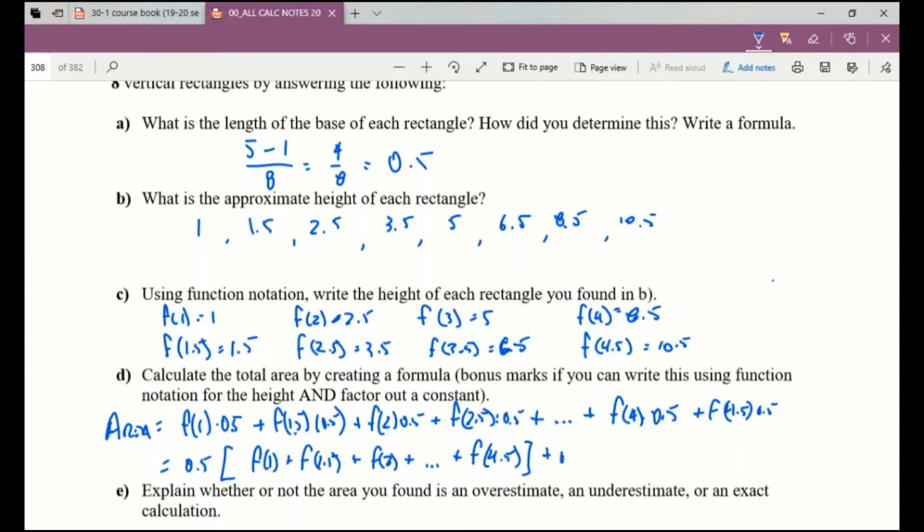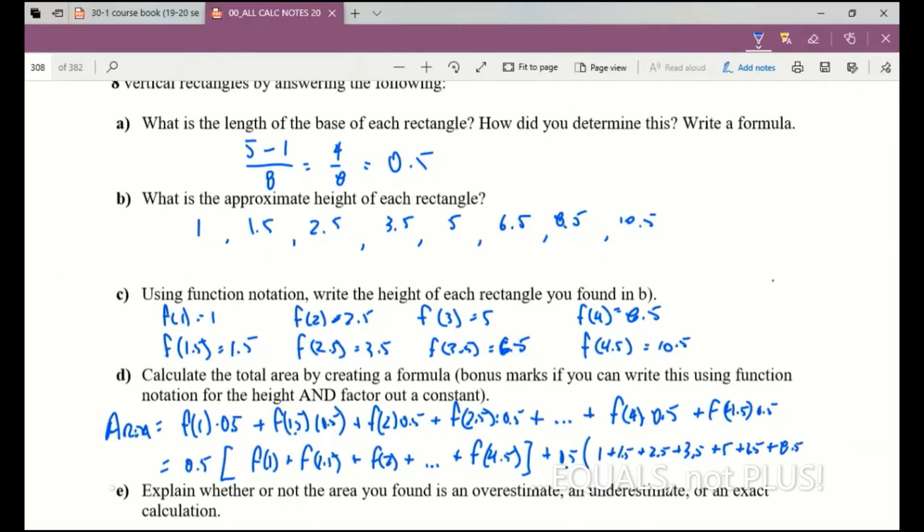This is probably more detail than we need in here. Might as well go ahead and finish this up and actually calculate.